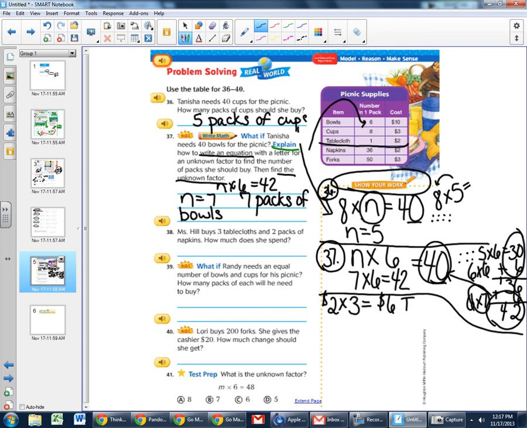I'm just going to put the T. And 2 packages of napkins. 2 packages, again, they're $2 times 2 packages equals $4. And then add that together. 6 plus 4 equals 10. She spends $10.